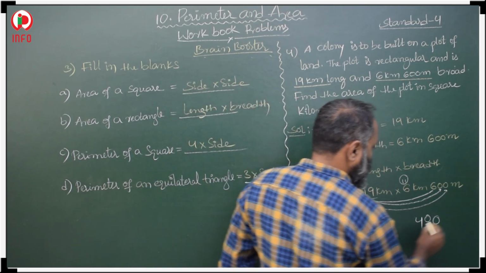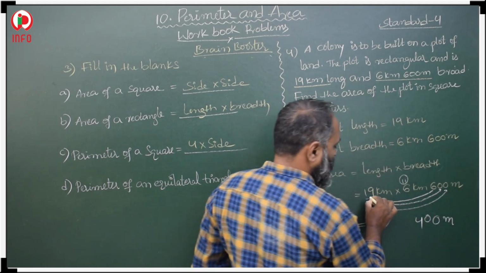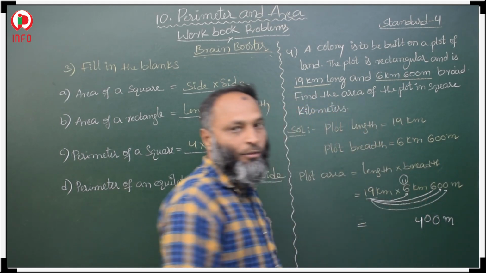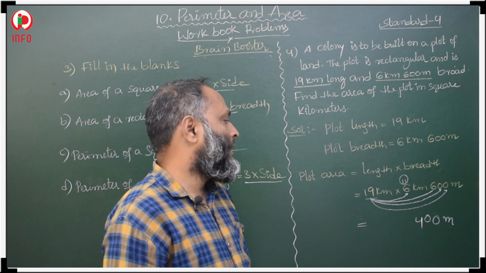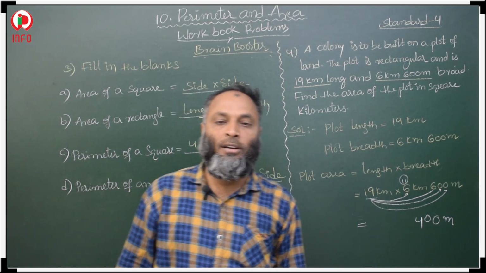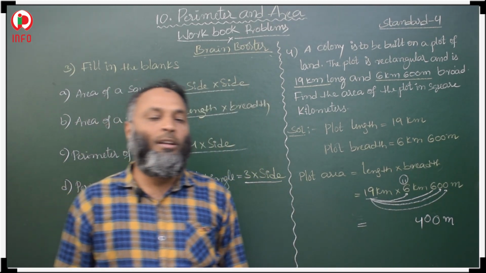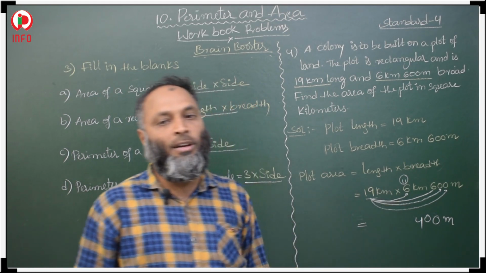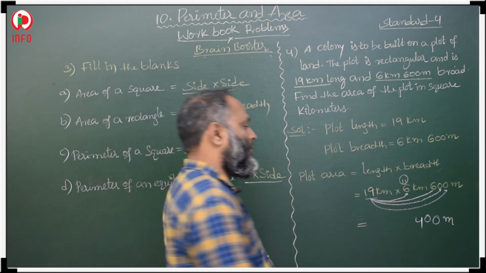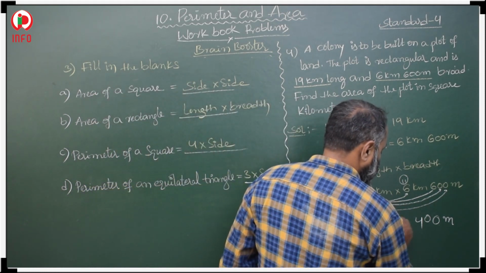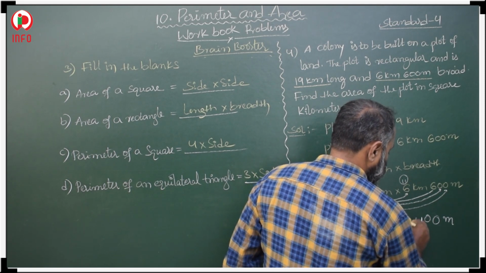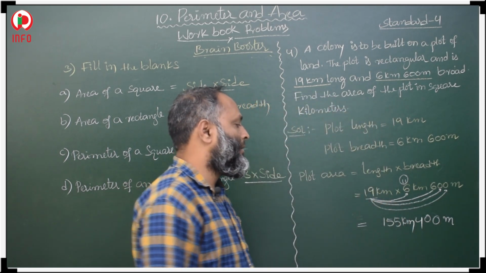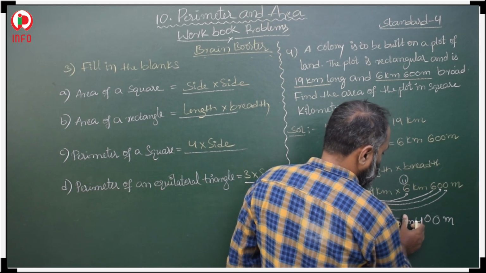Now multiply with kilometers: 19 sixes are 114, 114 plus 11, 125 kilometers, 400 meters. So this is in square kilometers.